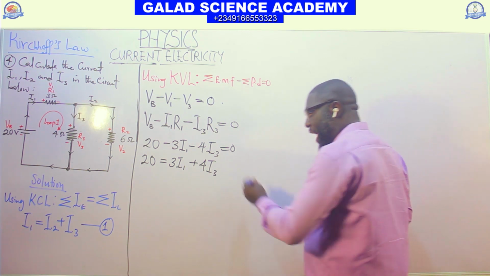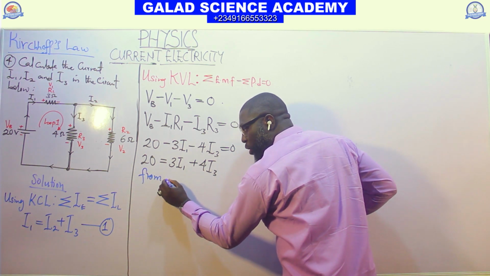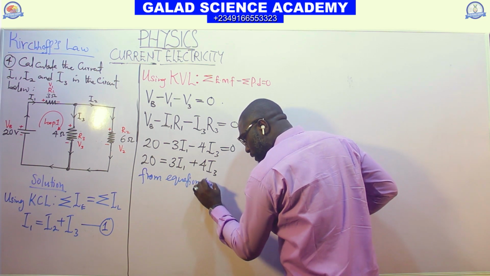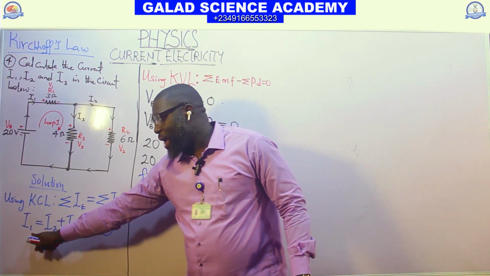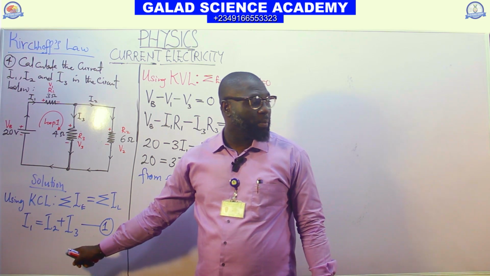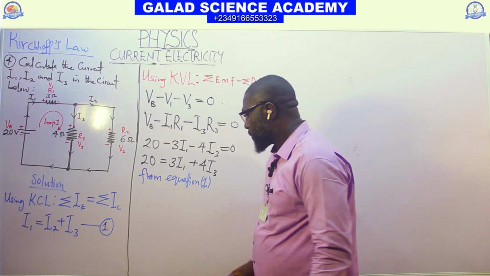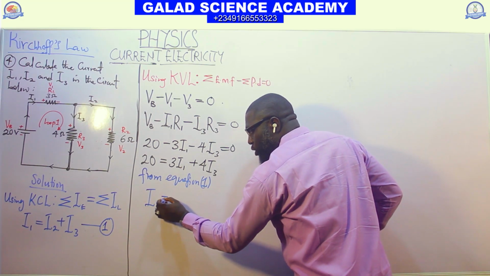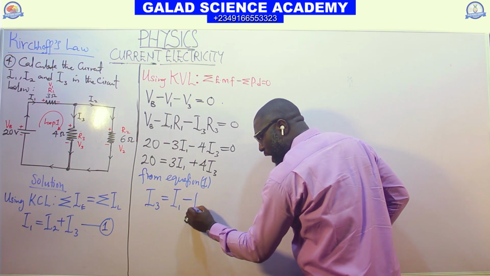For doing that, from equation 1, we have I1 equal to I2 plus I3. Let me make I3 the subject of the formula. I'm going to have I3 equal to I1 minus I2.